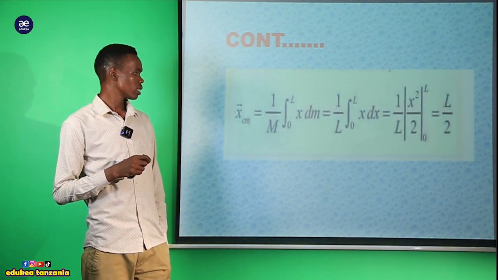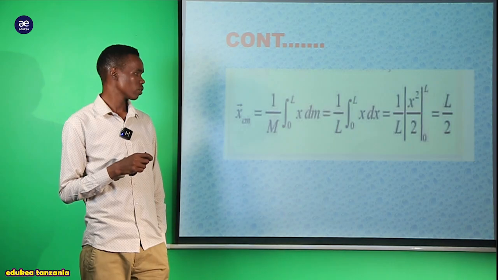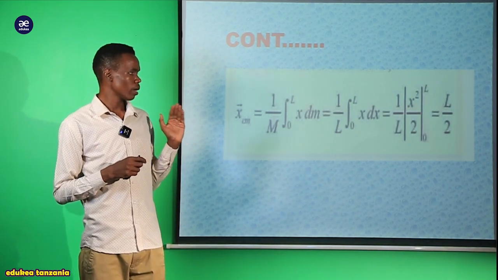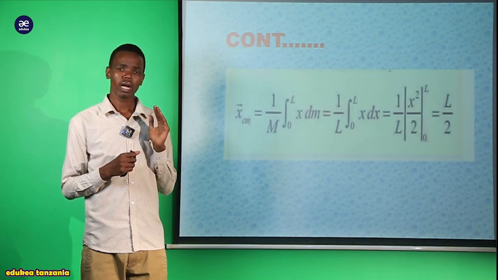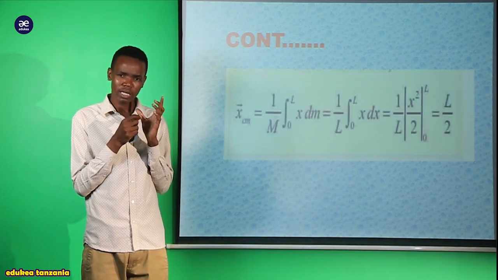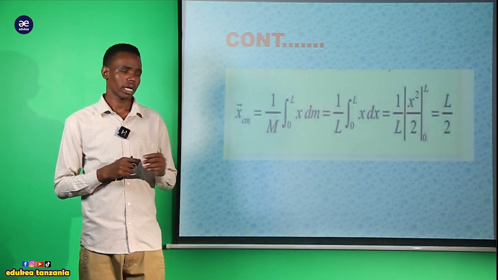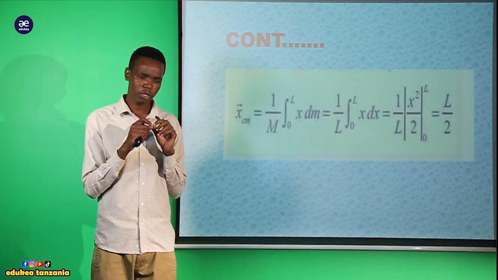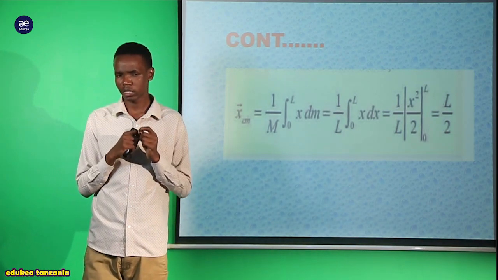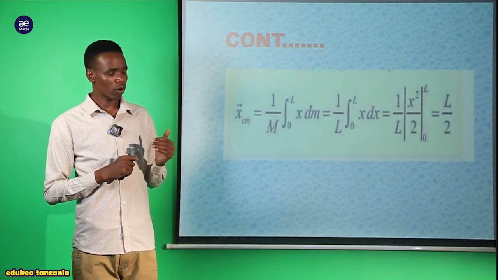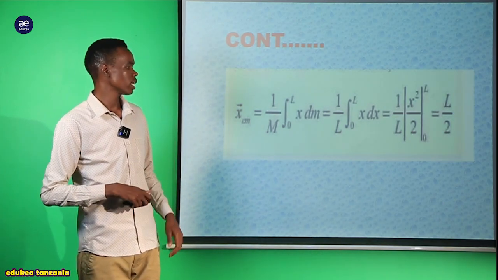But my dear student, we are supposed to say that this mass m, the single mass, must be equal to L, the length of the uniform load. And that dm is equal to the small change of x, so they are similar. If they are similar, what happens?